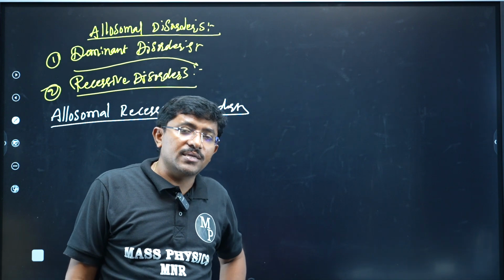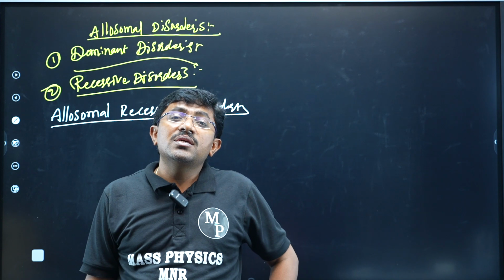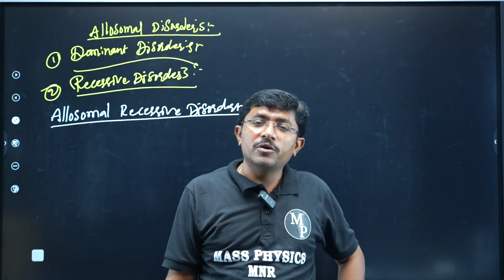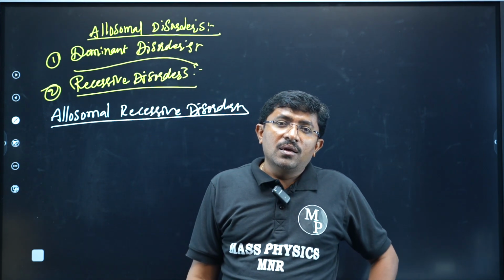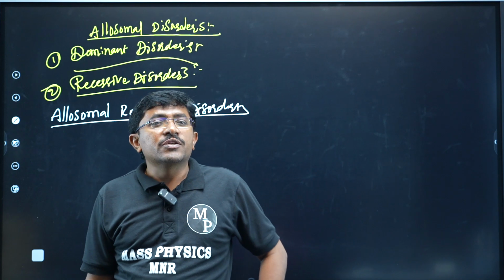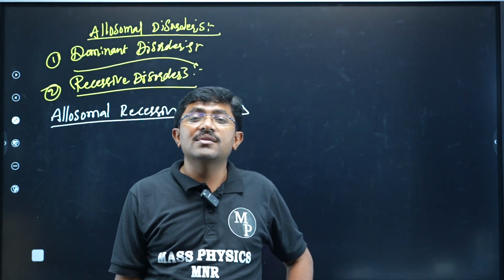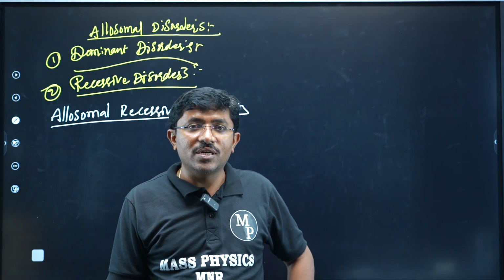We don't discuss the Y chromosome, because the genes present on the Y chromosome are all dominant in nature, not recessive. Understood? That's why the genes present on Y chromosomes are also called holandric genes.